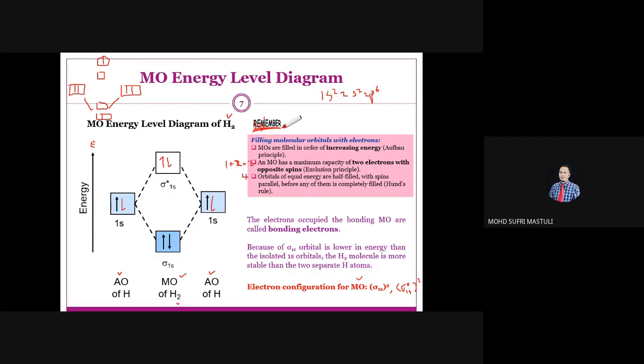So for orbitals of equal energy, for example py, pz, we make the spins parallel first. Let's say 1 electron, second electron, parallel, and then only we make the spin down, spin down. That is what Hund's rule means. Alright.